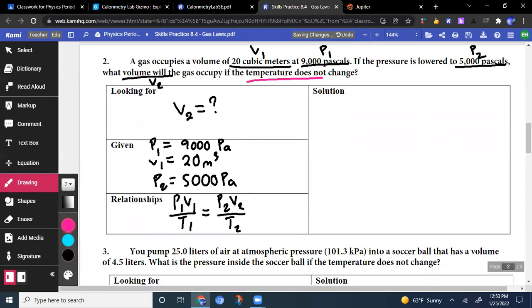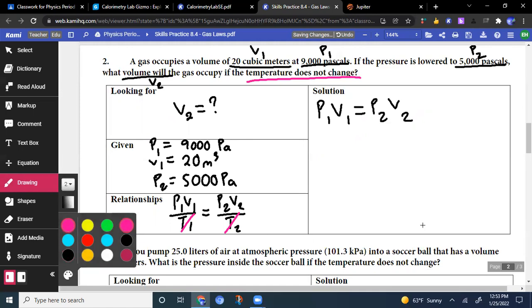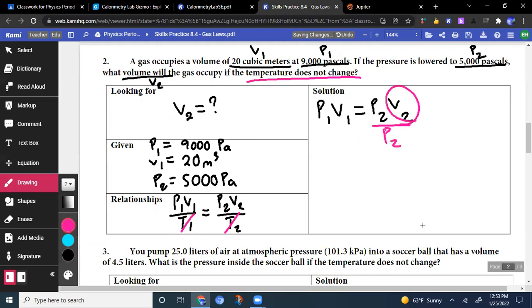The temperature does not change, so we get to cancel temperature on both sides. Again, P1 times V1 equals P2 times V2. You're solving for V2 this time, which means you're going to divide away the P2.